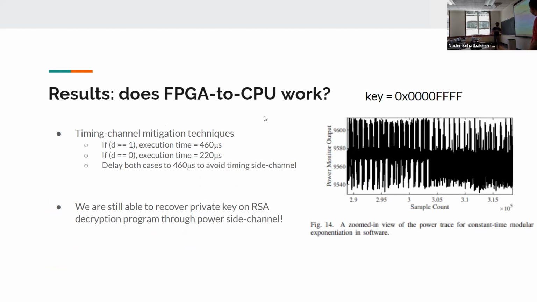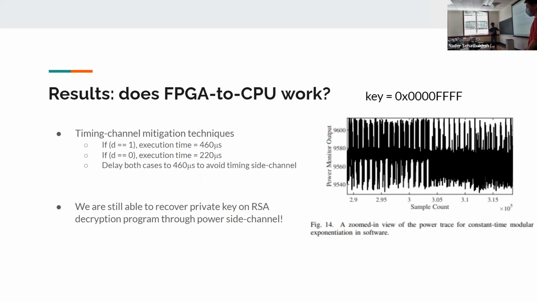There is also another side channel, which is the timing side channel. The idea here is that the program might have different branches. For example, if the digit is 1, then the execution time is 460 microseconds because there is some flushing and branching that costs extra time.